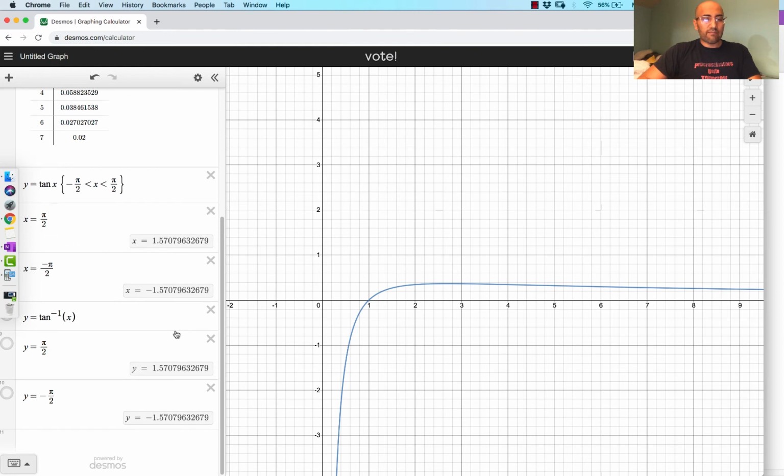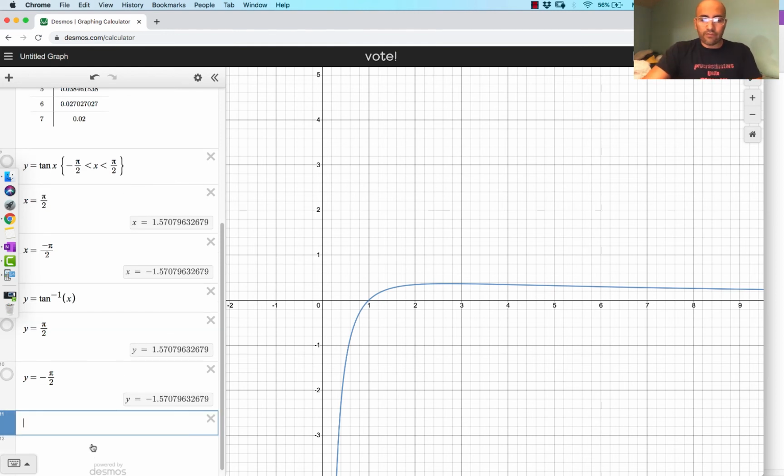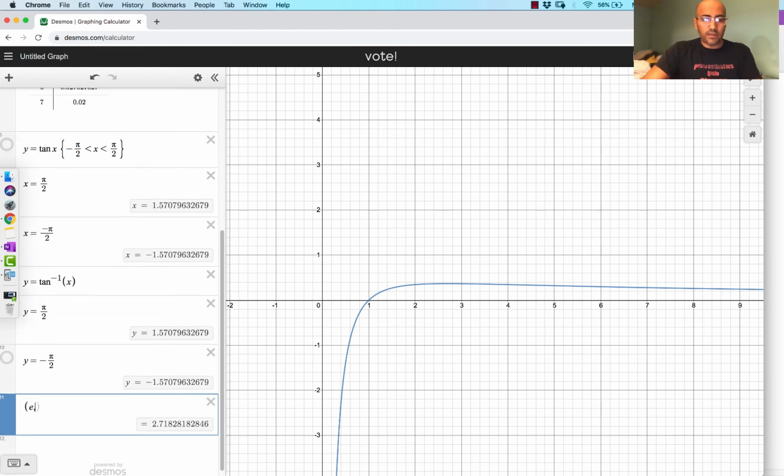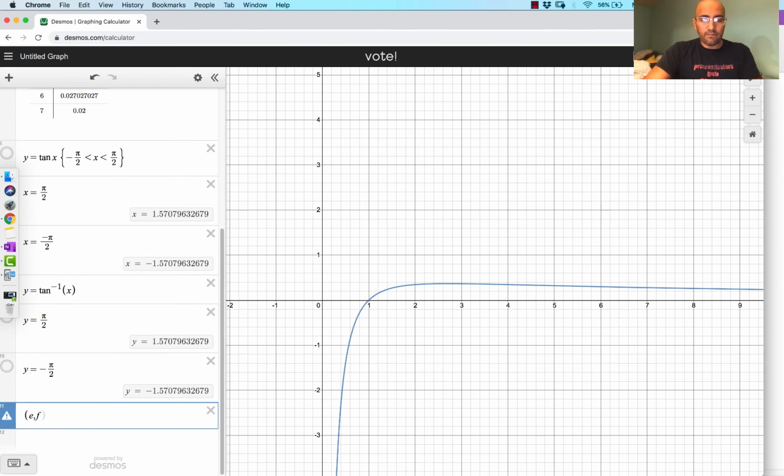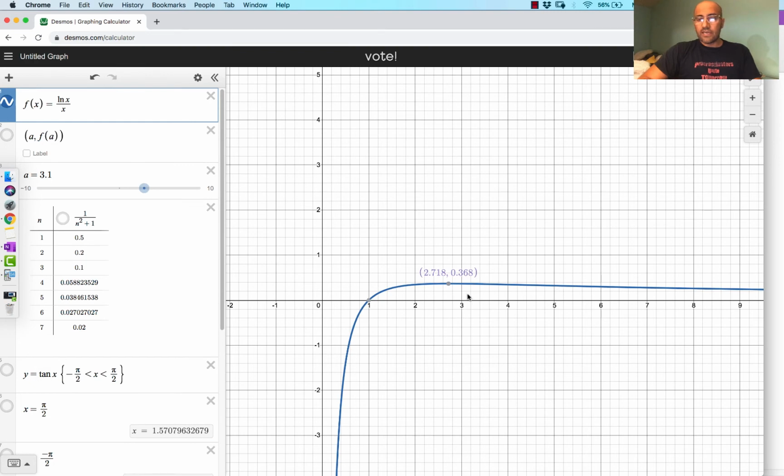So let's figure out what that value is. Let's graph the point e, comma, f of e. Make sure there's no other f's. f of e. Like that. So this function was increasing up to there, and then it begins to decrease, and it'll decrease forever. Okay?